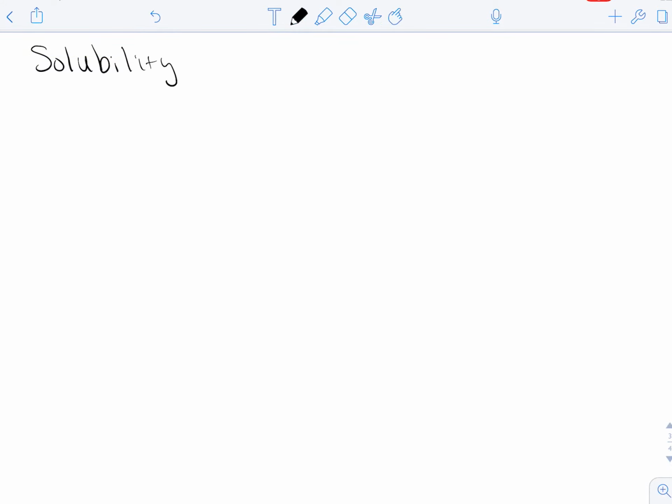We can talk about solubility as kind of just an idea, meaning how readily something dissolves, so taking a qualitative approach to solubility. We can also talk about it as a quantitative thing, as the max amount of solute that can be dissolved in a given amount of solvent at a specific temperature.